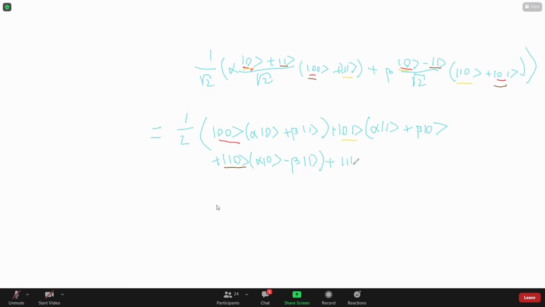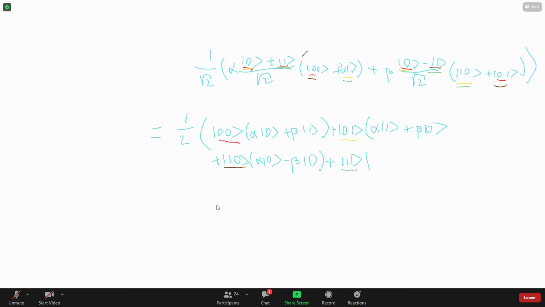And finally, what Alice can measure is the 1, 1 state, which we see can come from having this term, and this one, and this one, and this one.